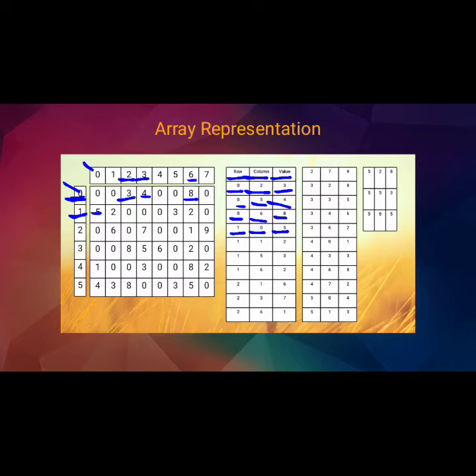So row 1, column 1, value is 2. Row 1, column 5, value is 3.